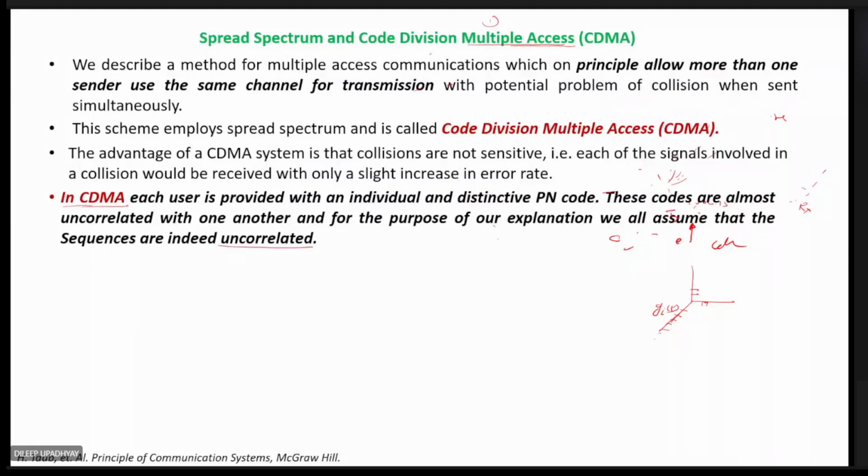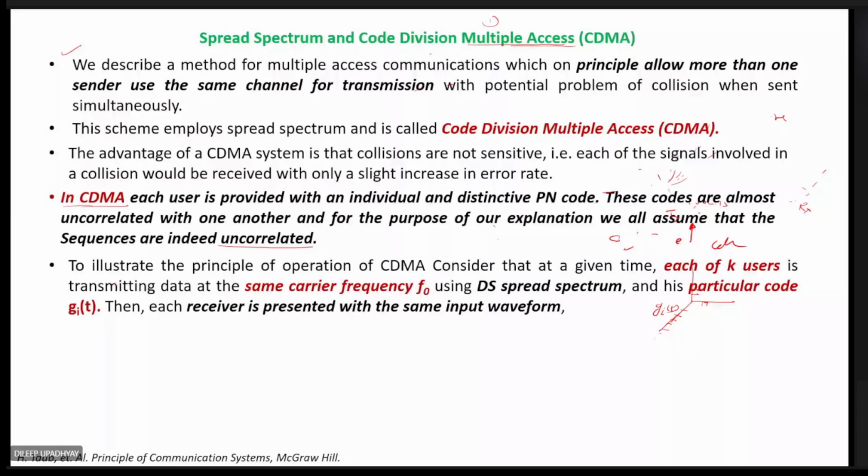Now, look at the first point. These things are already discussed. Consider that in CDMA, at a given time, each of K users is transmitting data at the same carrier frequency, because we are using the same frequency band, using DS spread spectrum techniques.